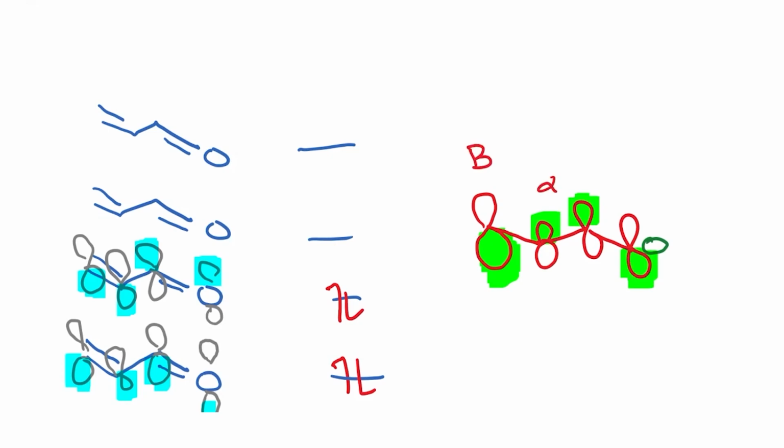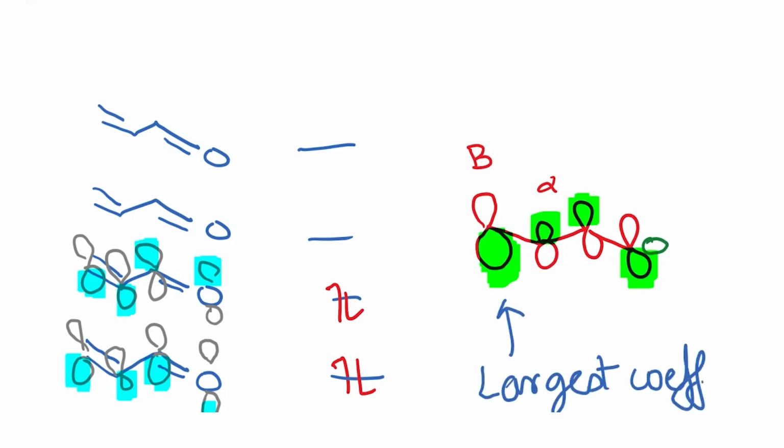So this means that the LUMO has the beta carbon as the lobe with the largest coefficient.